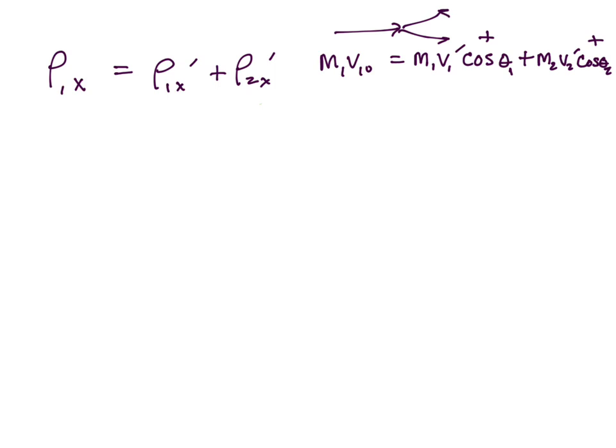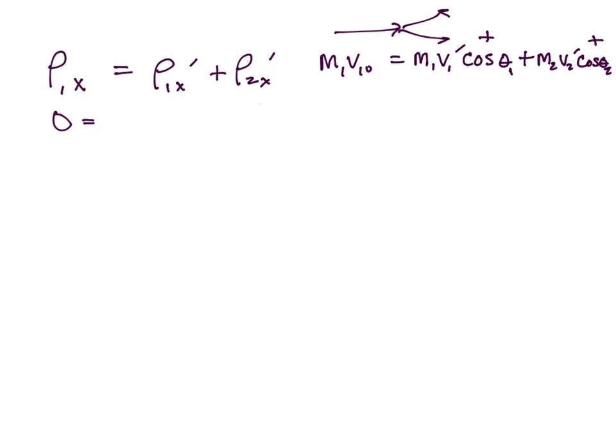So then in y, what is the momentum of the first object in the y direction? 0. That thing had no momentum in y. So the sum of momentums in y needs to equal 0 by the time they're done, because of conservation of momentum.